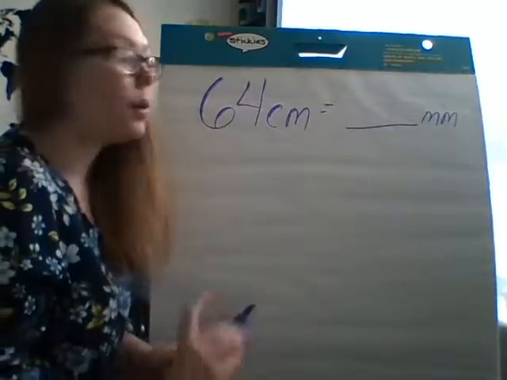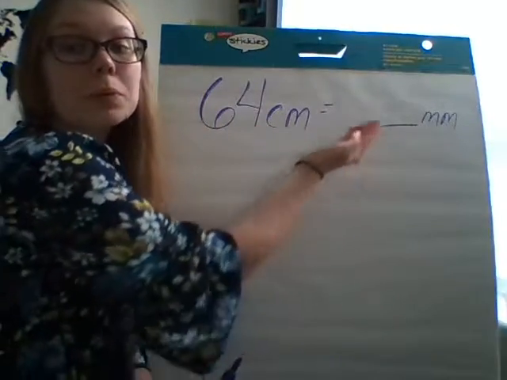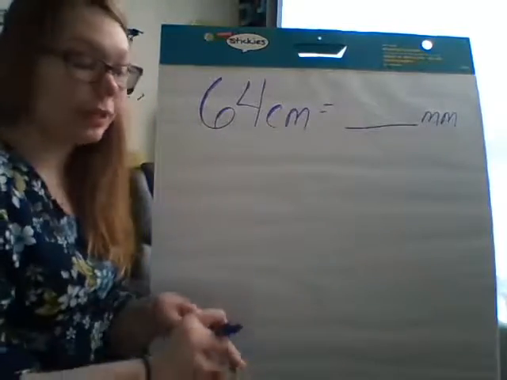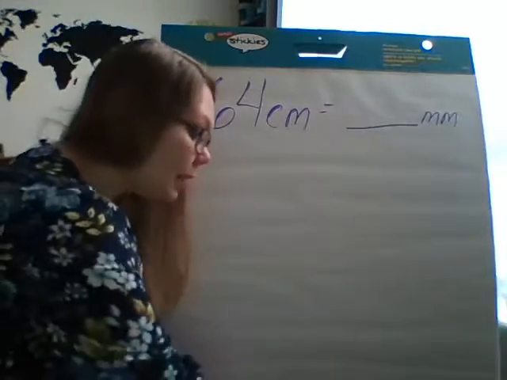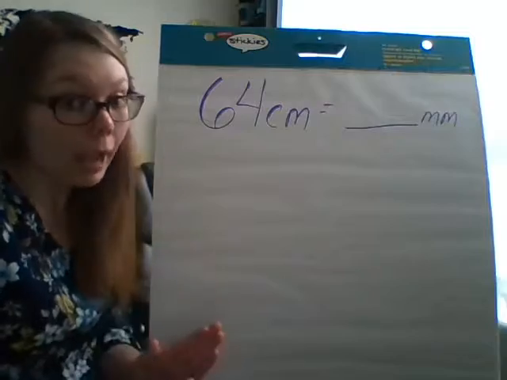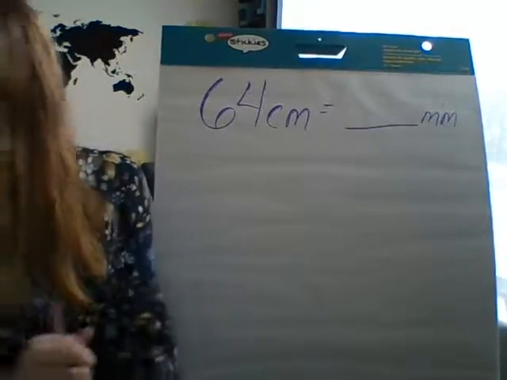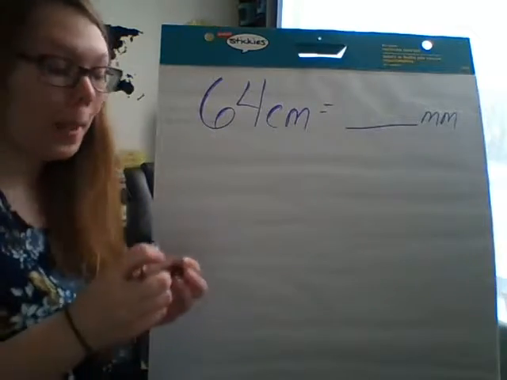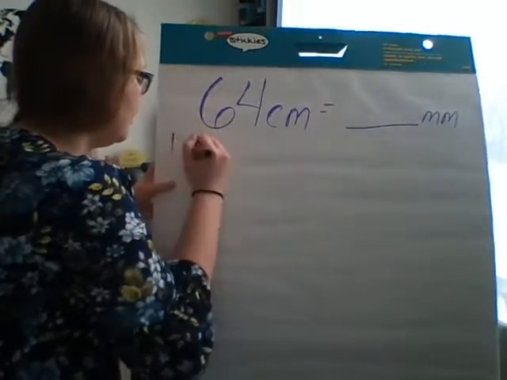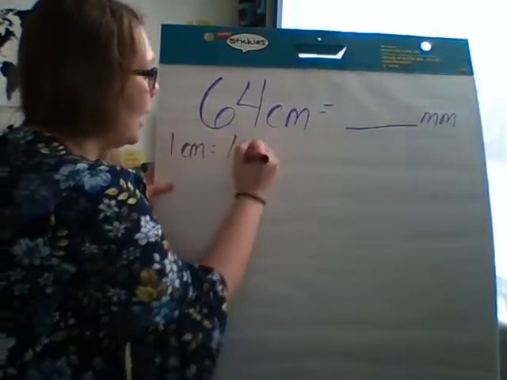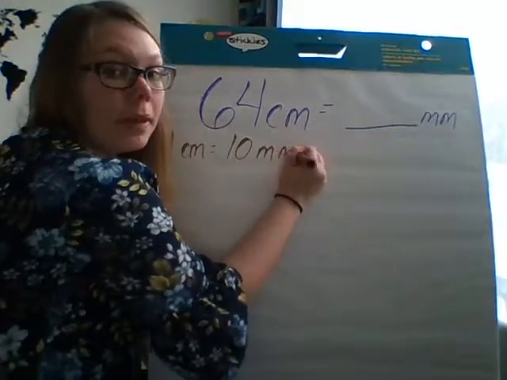Let's see another example. So our new example is 64 centimeters equals blank millimeters. Again, the equation that will be given to you for now is going to be 1 centimeter equals 10 millimeters.